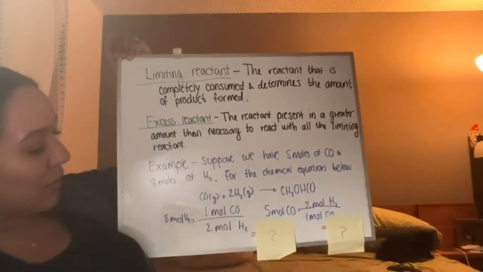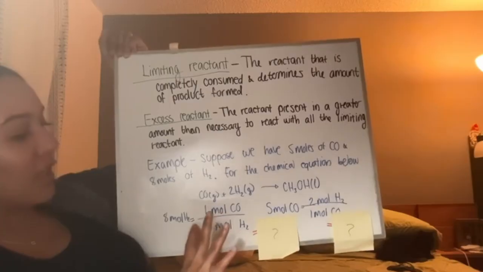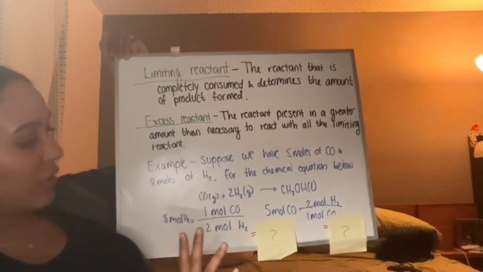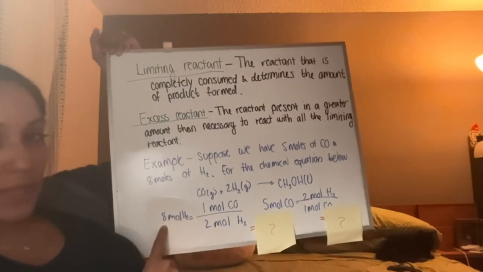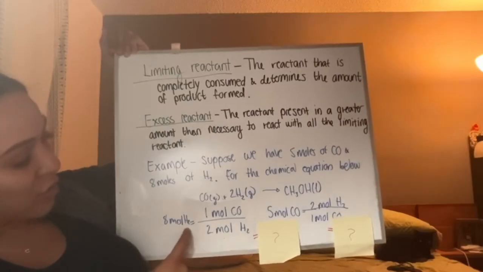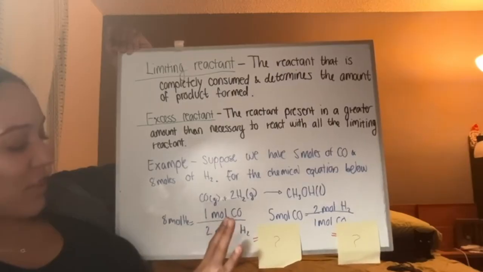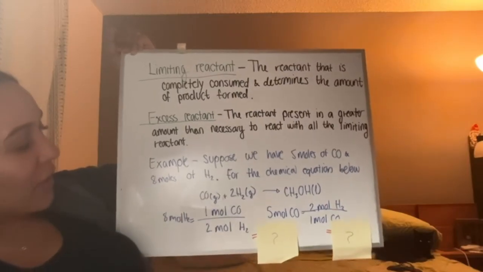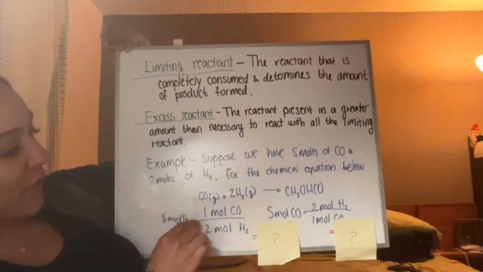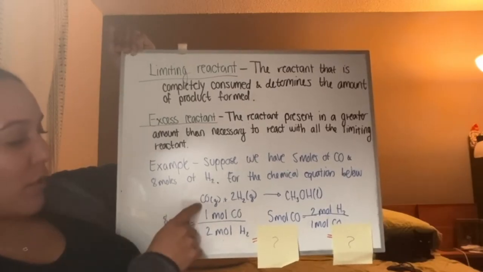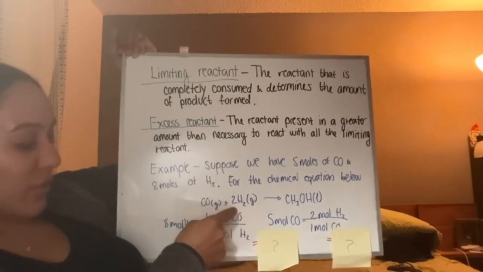So the best way to do that is to figure out how much of each we would need to run through of each. So on this side, we have 8 moles of H2. This is where I wrote it all out, just to make sure I got the right things canceling. In this case, for every mole of CO, we have 2 moles of H2.